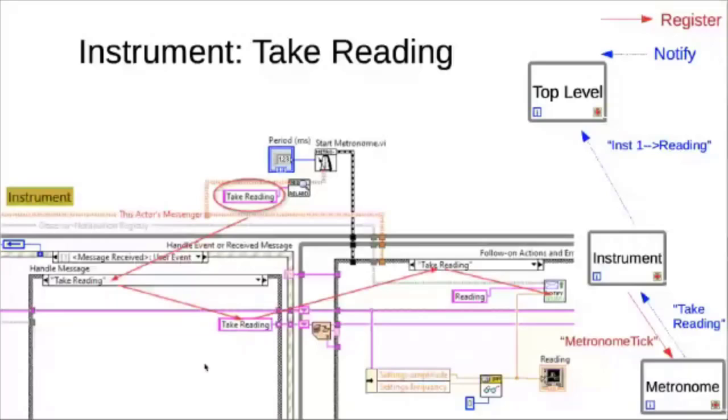Okay. Dennis has asked, can you also send LV class data to change the type of the instrument, like OOP? I'm not sure if he's asking about the state pattern or if he's asking about class data as the actual data payload. I'm not sure of that question. If I had a different instrument and I wanted to use some kind of hardware abstraction, often when I have an instrument, I have a class in this data, and the class is sort of a driver for the type of hardware.